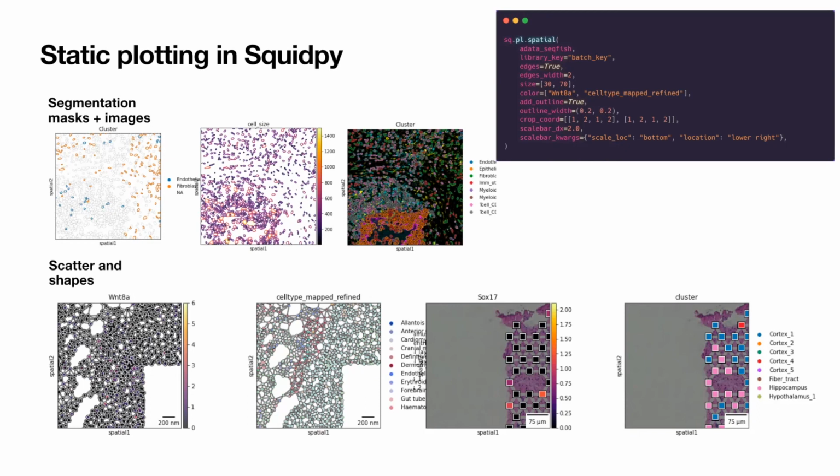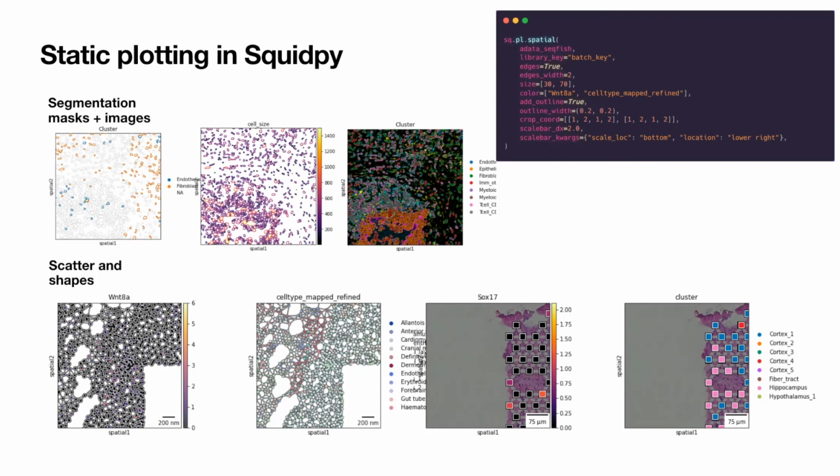in Squidpy. And essentially what this allows you to do is plot, first off, if you have several images in your spatial AnnData object, all of these images. It allows you to overlay segmentations, so not just plotting round dots on the image like a scatter plot, but actually plot the segmentation mask that you may have stored somewhere.